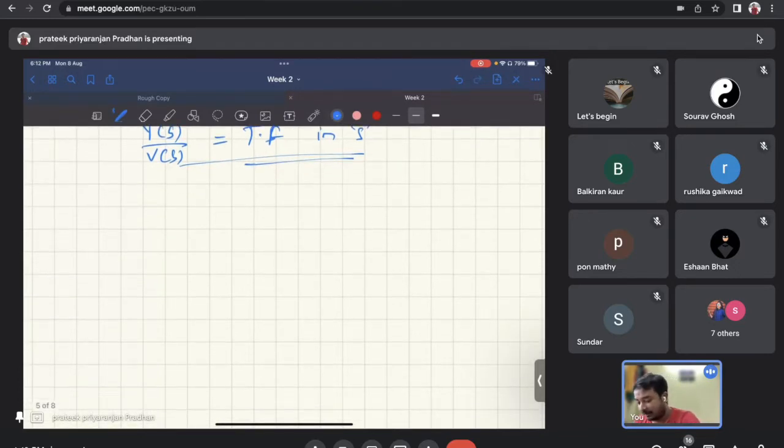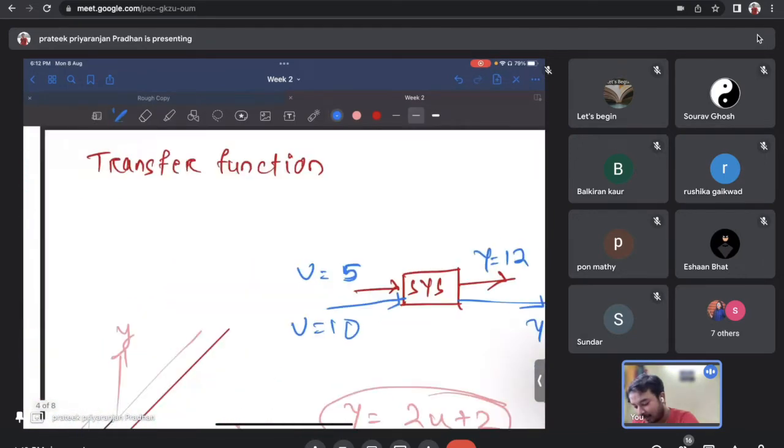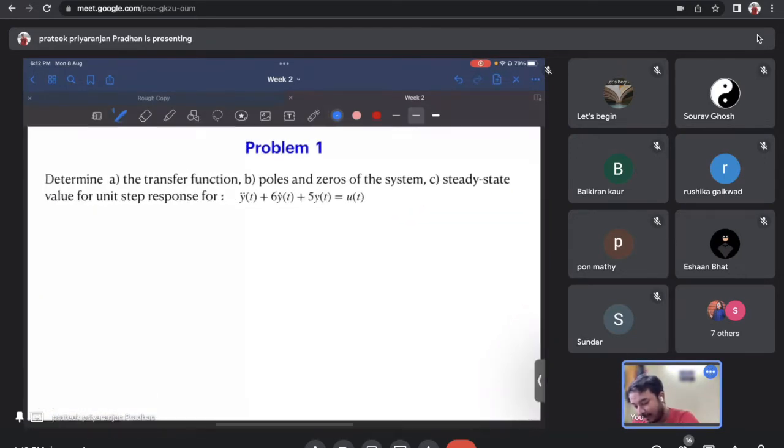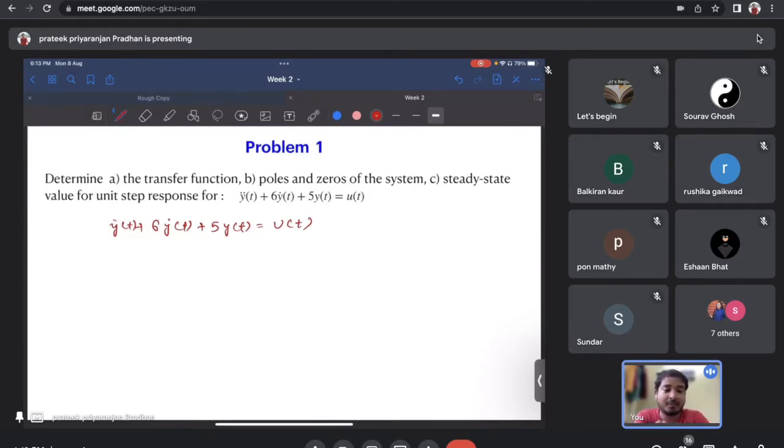Okay, so now the transfer function we know. Let's come back to the problem. The question is given: y double dot of t plus 6y dot of t plus 5y of t is equal to u of t. Let's forget what the input is. Transfer function is independent of the input.